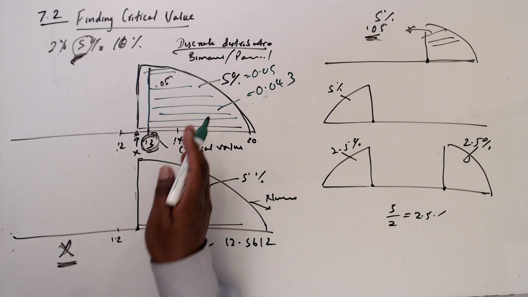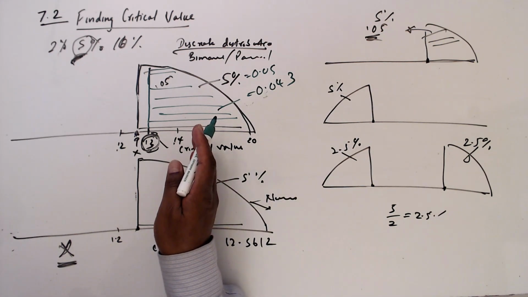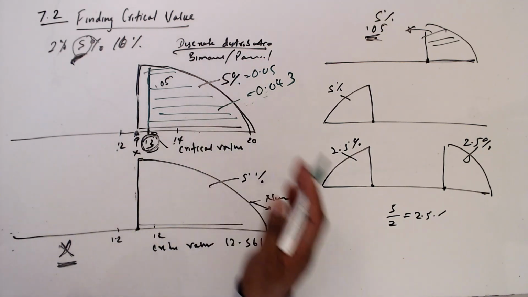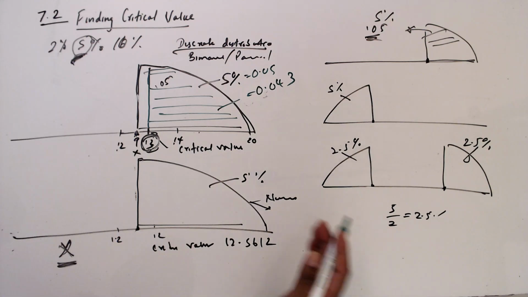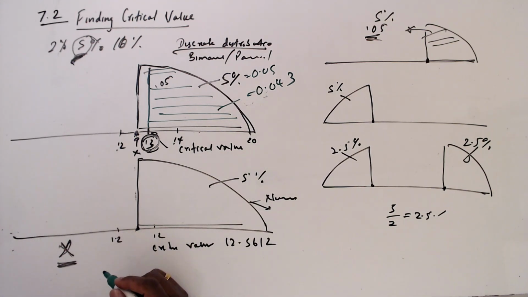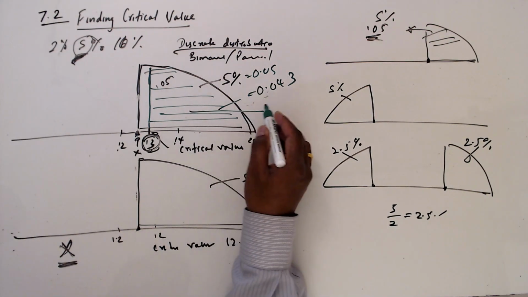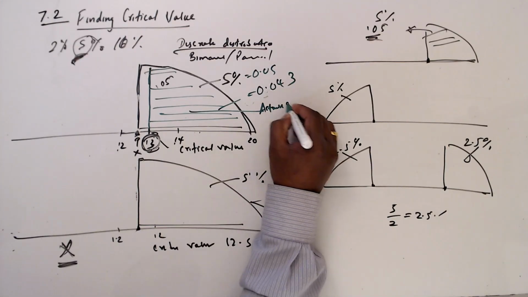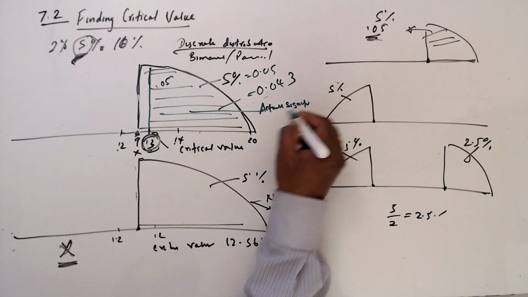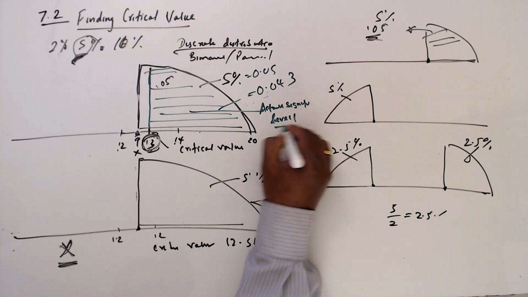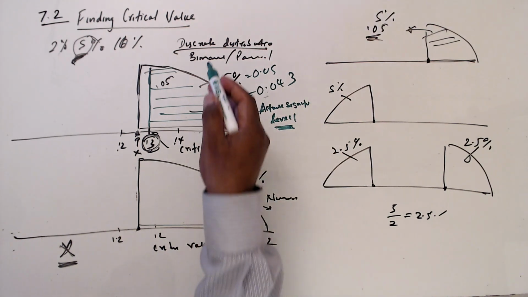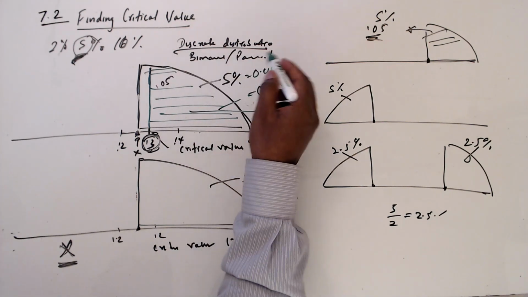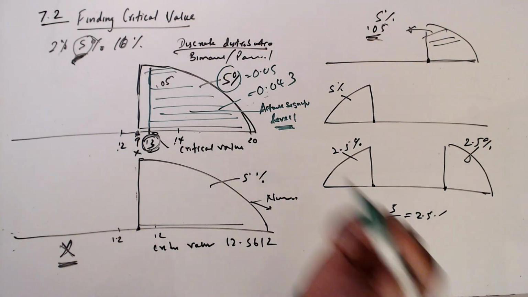So there are two terms in this discrete distribution because of this issue: the actual significance level and the significance level. This green area up to 13 is the actual significance level, and 5% is the given significance level.